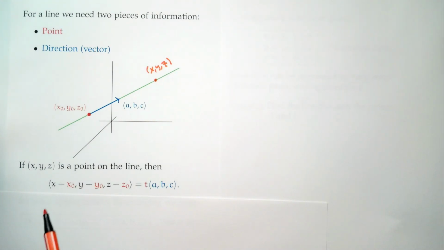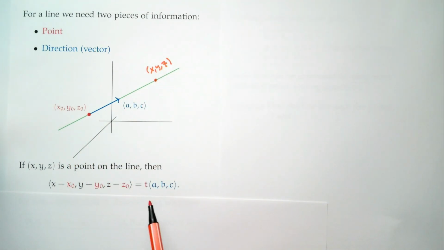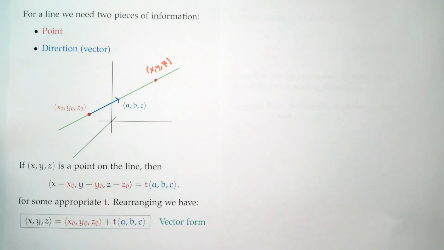So the vector between my initial point and an arbitrary point is some multiple of the direction vector. Now what you can do is rearrange.